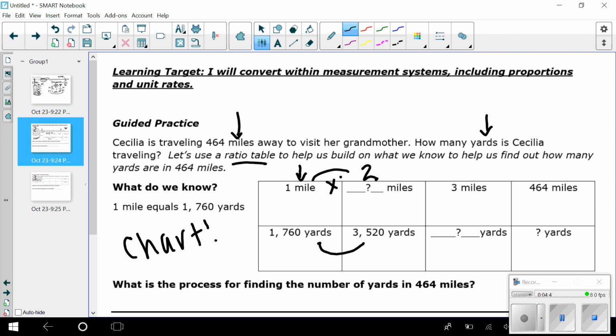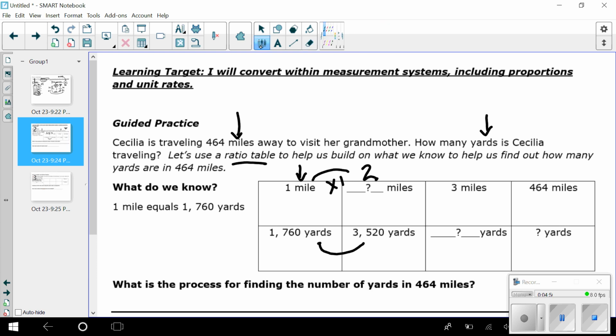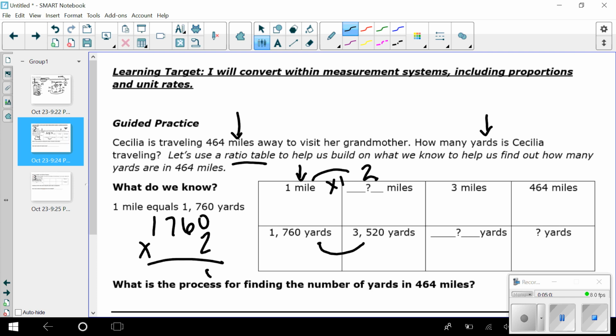Well, I multiplied by 2, from 1 to 2, and then let's see if that works. Here, I can look at 1,760 times 2, right? And that's going to give me 3,520. So I knew that this times 2 would be 2 miles.